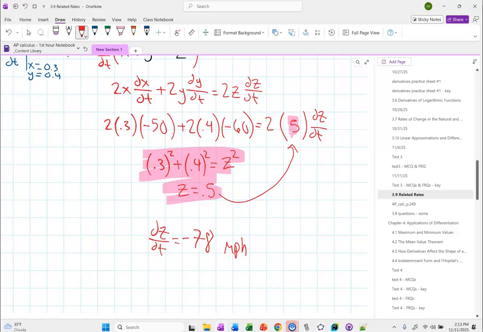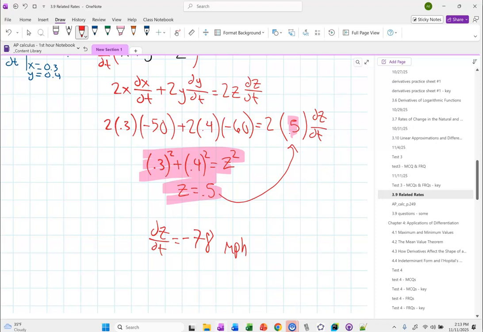The instant when x is 0.3 and y is 0.4. If the distance was expanding, then the velocity or the acceleration was expanding. Yes, if the two cars are moving away from each other, we'd expect dz/dt to be positive in that instance. Does everybody feel okay here?